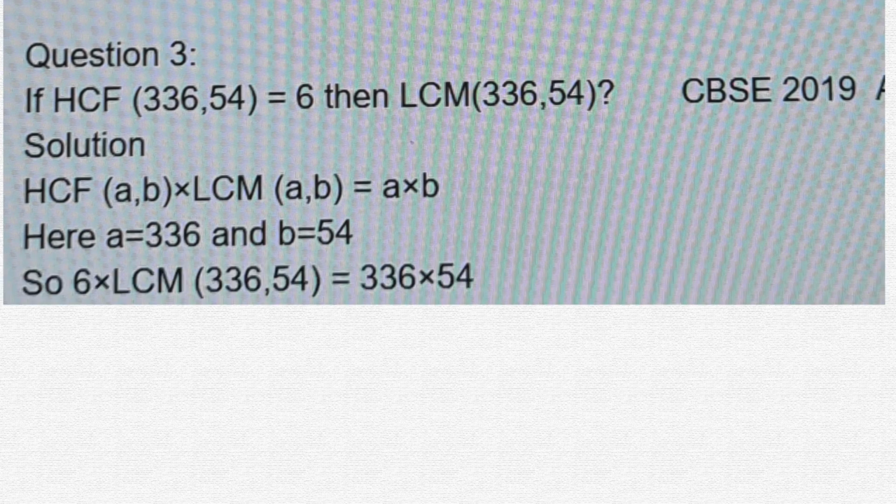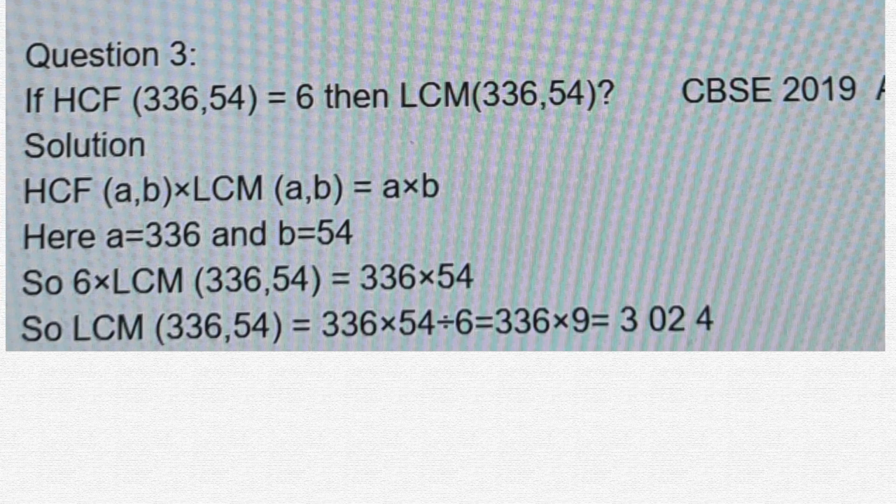So 6 times LCM(336, 54) is equal to 336 times 54. So LCM(336, 54) equals 336 times 54 divided by 6 equals 336 times 9 equals 3024.